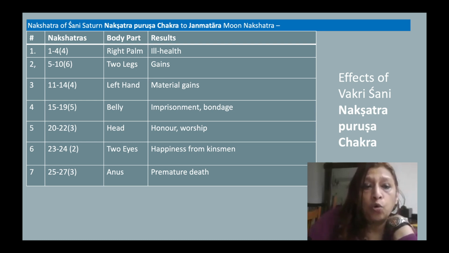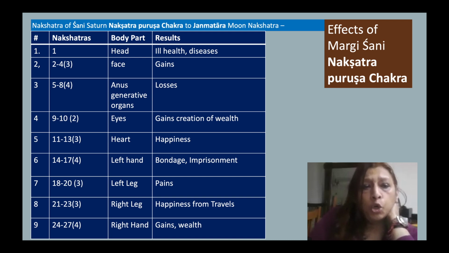Okay. So now we have to take the nakshatra of Shani and count from it to the Janma Tara, the moon nakshatra. Can anyone have a go? Before you have a go, you have to know both of these.